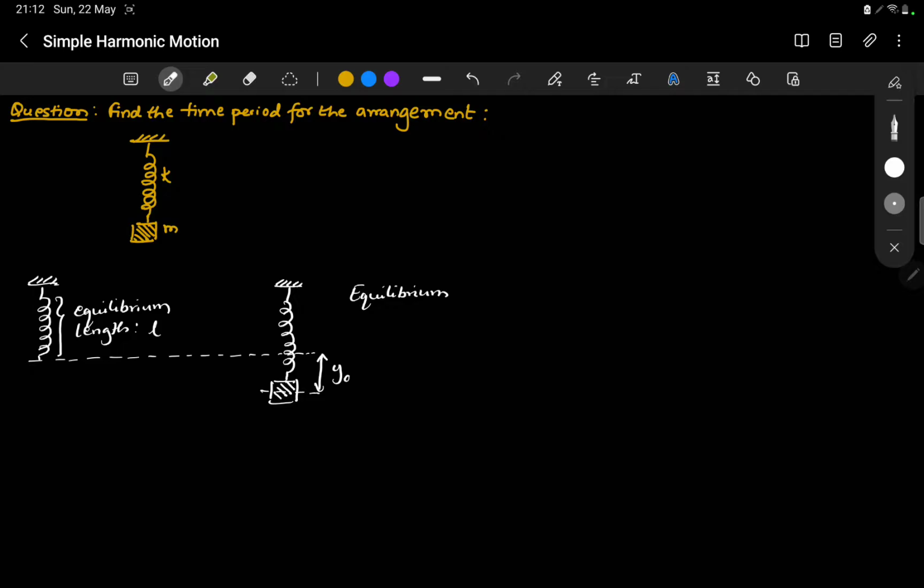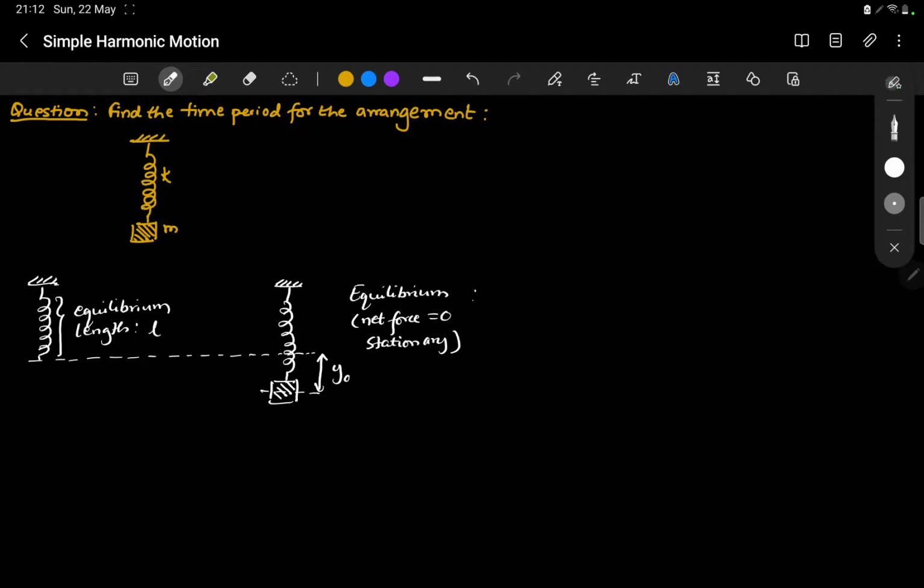So since this is a situation of equilibrium, that is the net force acting on the mass is 0 and this is all stationary. So equilibrium meaning net force is 0 and this is all stationary. So in this equilibrium situation, net force is 0. So what are the forces acting on this block?